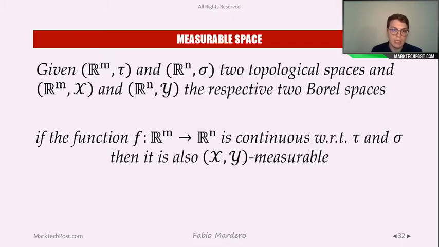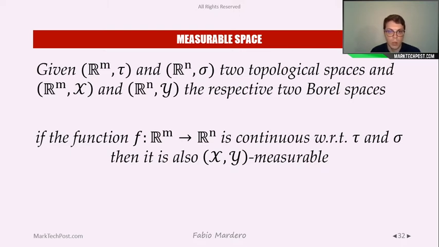We can say that if the function that goes from Rm to Rn is continuous with respect to tau and sigma, of course, then this function is also measurable. So continuity means that the function is also measurable.